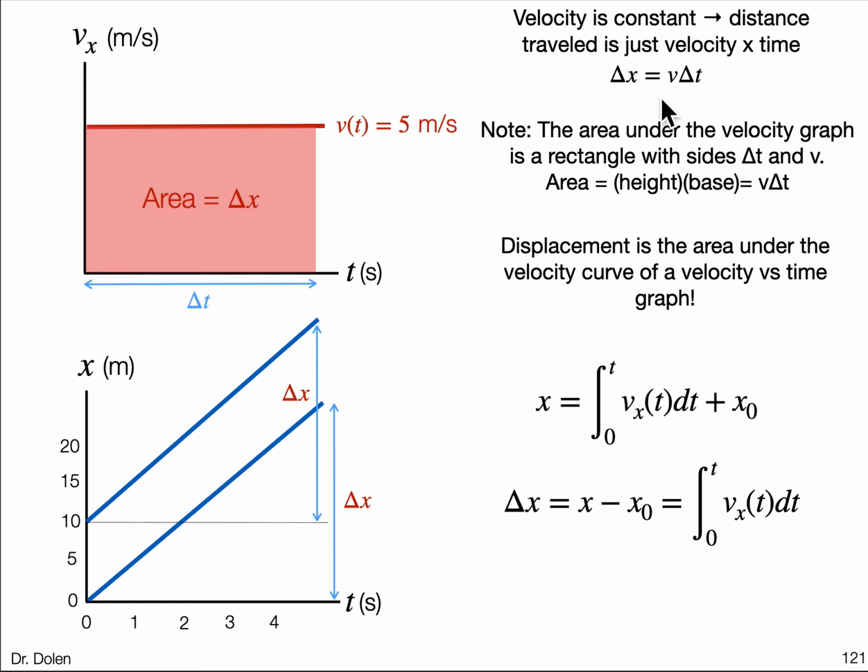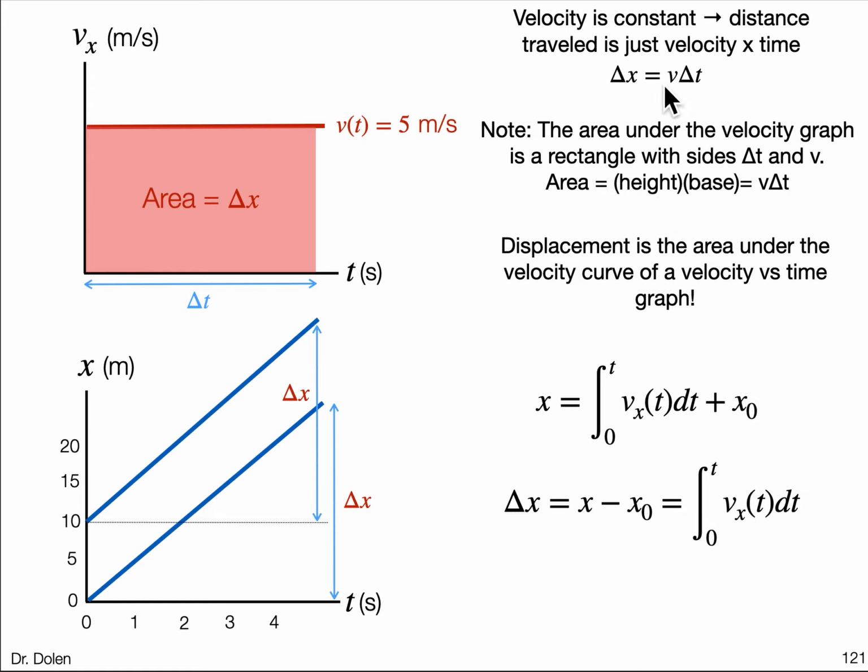And we can note that under this red line, the y component of this rectangle is just my velocity, and the x component is just delta t, how much time has elapsed. So the area of this rectangle is my velocity times delta t, base times height, which is exactly my equation for displacement.